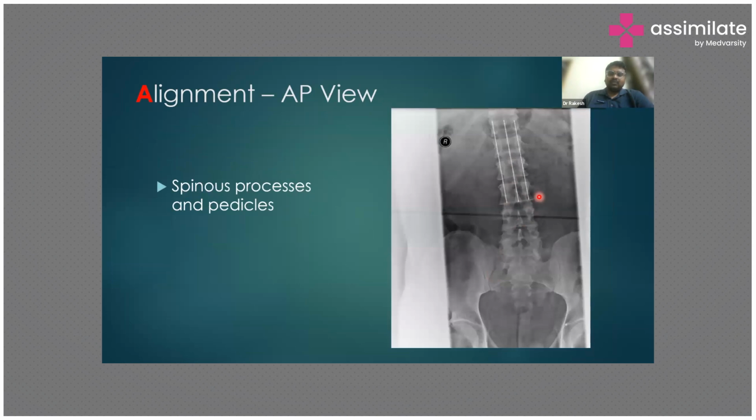And in the AP view, again, you have 3 lines. You have your spinous processes, all should be fairly in a straight line. And your lateral line, which is your pedicles, should be aligned in a straight line. So remember, there could be a significant amount of rotation that can happen. Also your vertebral bodies widen as you come down.